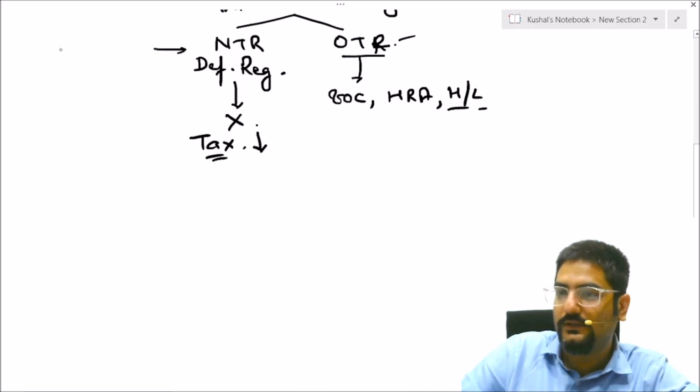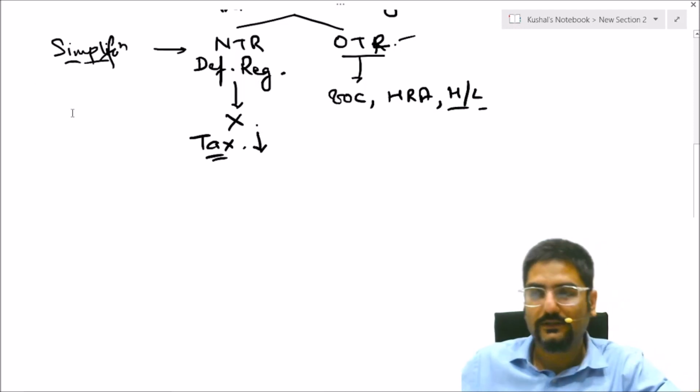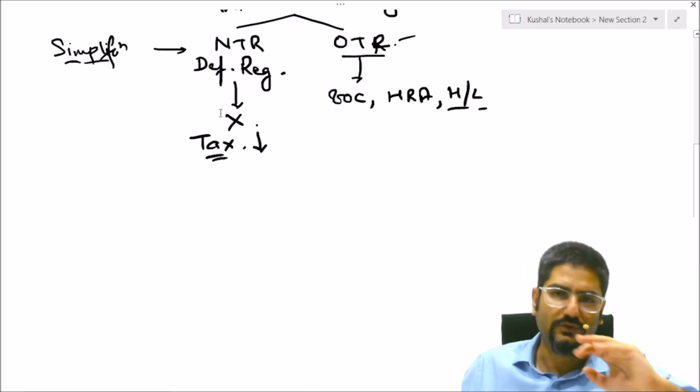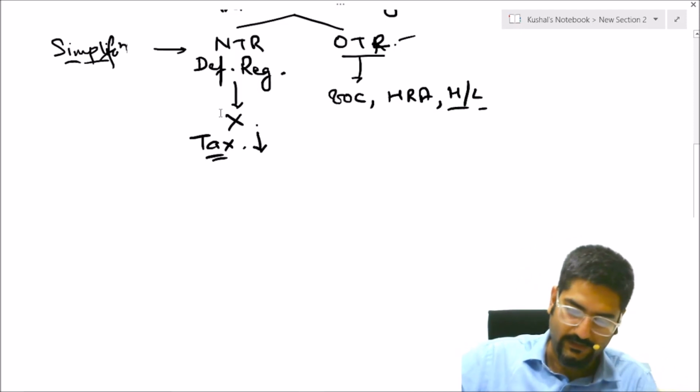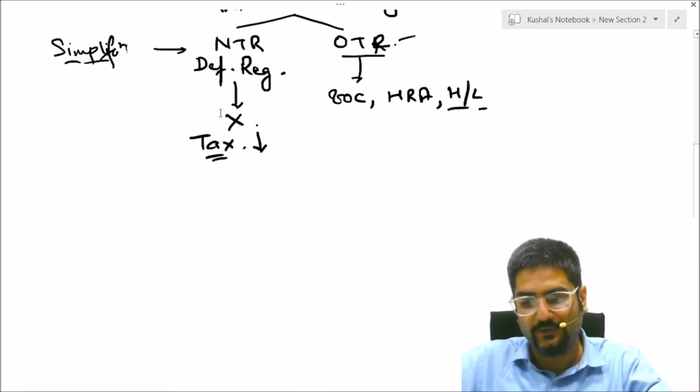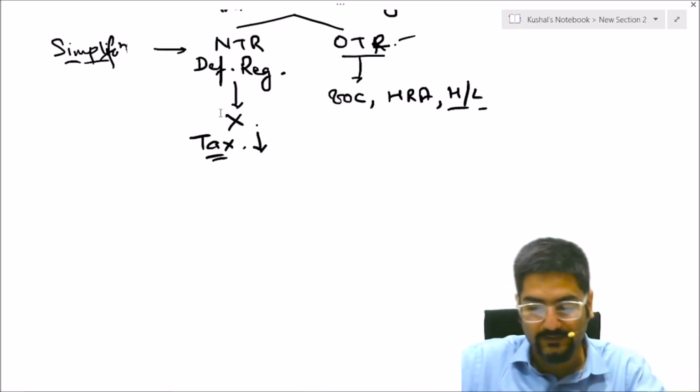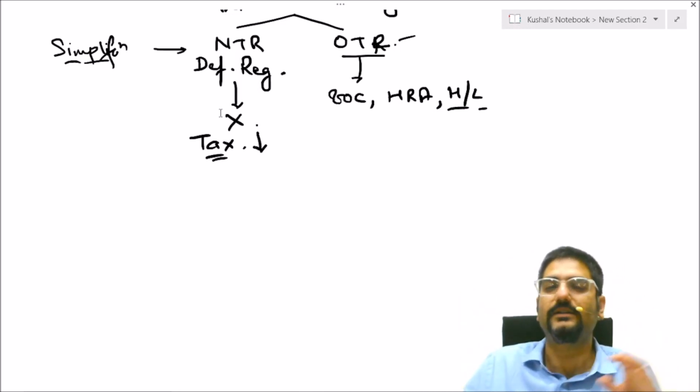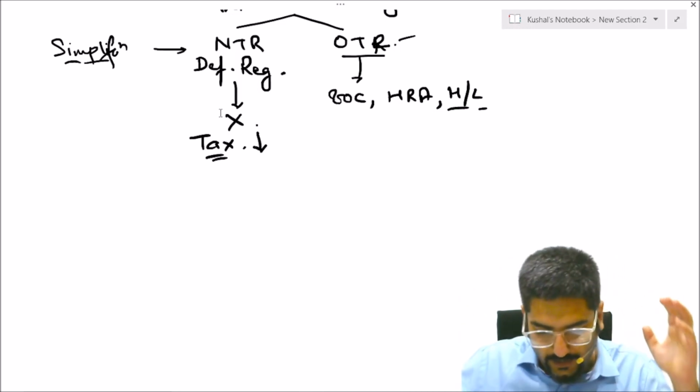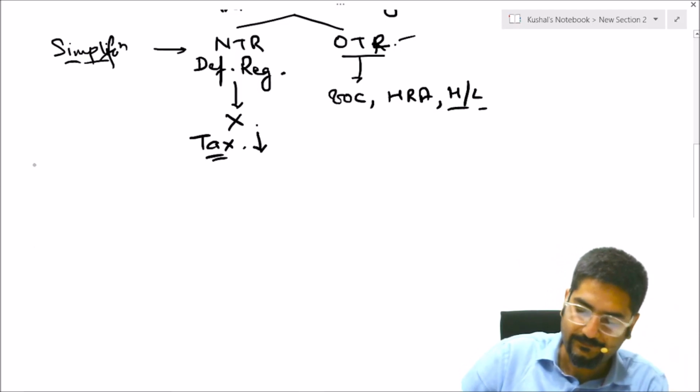It goes towards simplification because the Income Tax Act contains a huge number of deductions as well as exemptions. So in future we may have only one regime, the new tax regime, with lower rates and no deductions or exemptions available, right?